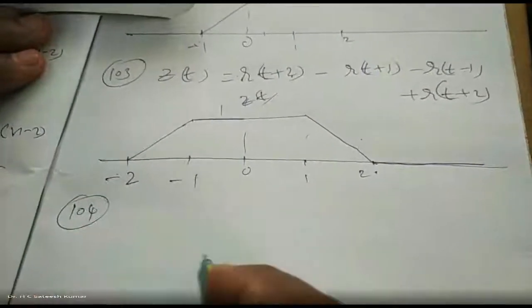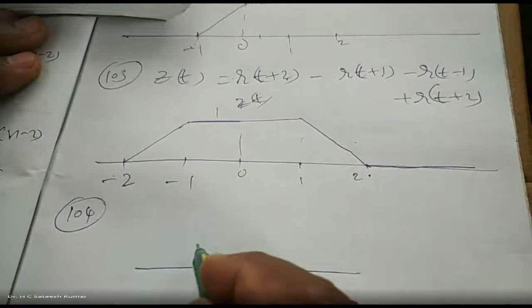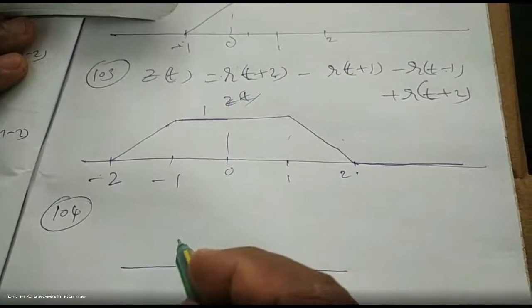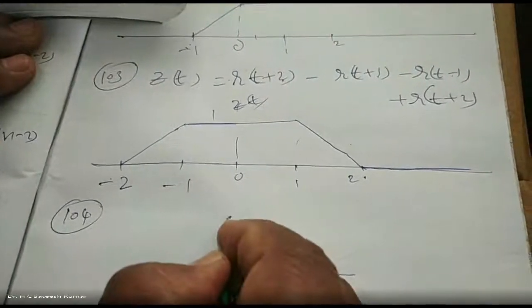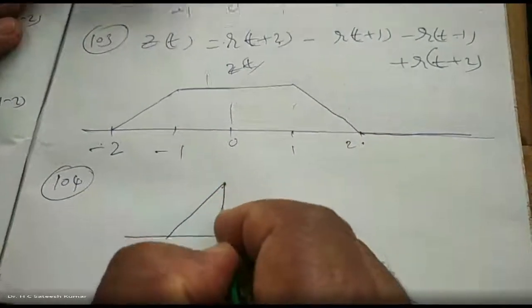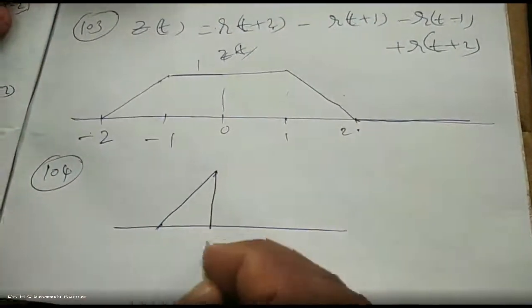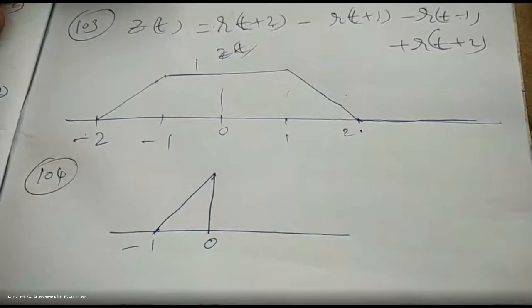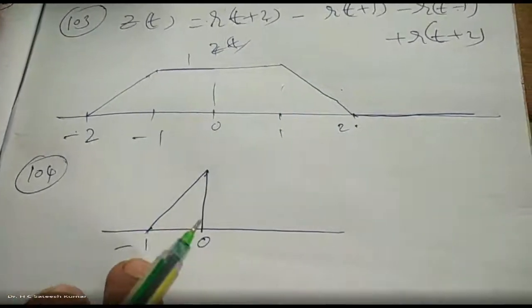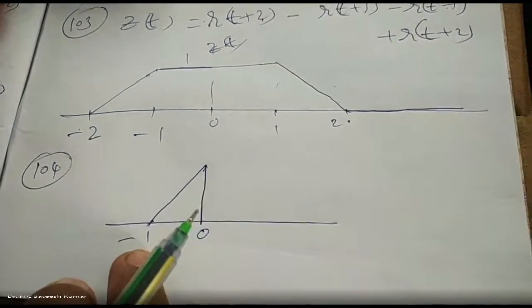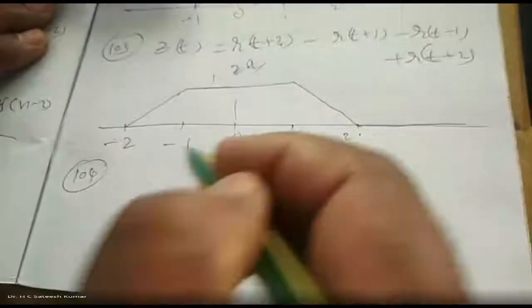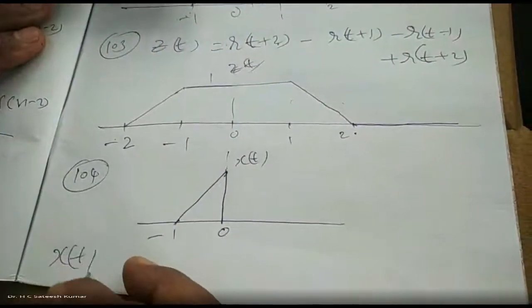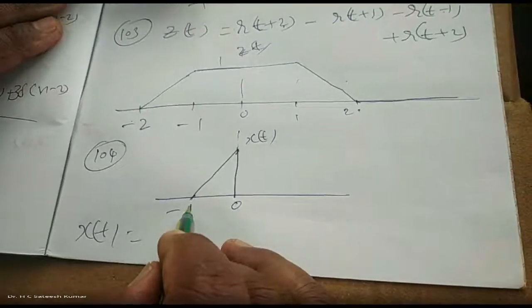One more problem I have, which was asked, similar kind of problems, it was asked in our network analysis also, network theory. Okay. Represent using elementary signals. 0, minus 1. For this kind of problem, we need both ramp as well as step. Okay. X of t is equal to, starting from minus 1, there is a ramp.